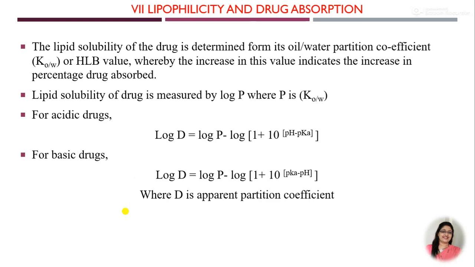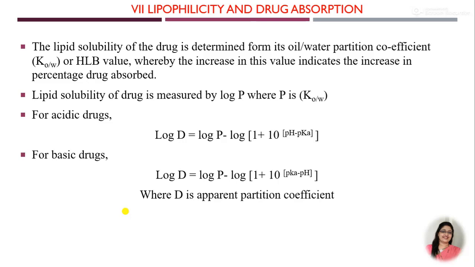The next property is lipophilicity. So lipid solubility of the drug is determined from its oil-water partition coefficient, that is Ko/w, or HLB value, which is also called hydrophilic lipophilic balance, whereby an increase in the HLB value indicates that there is an increase in the percentage of drug absorbed.